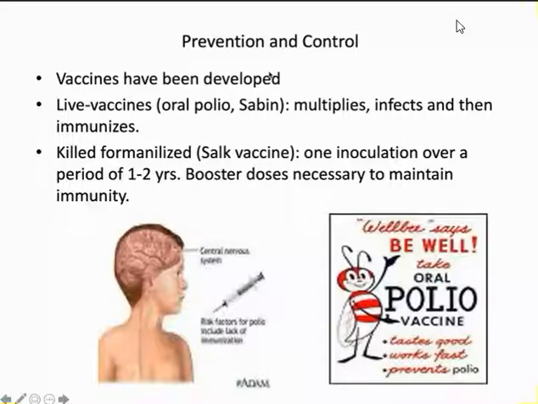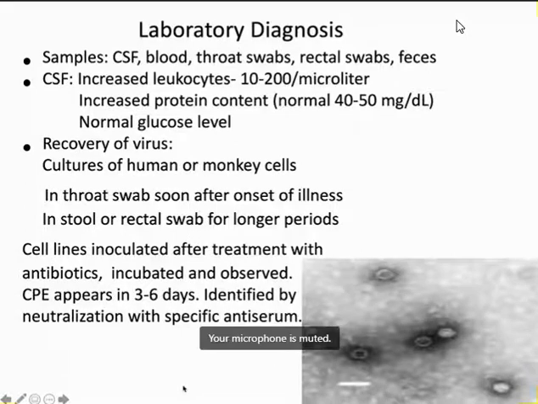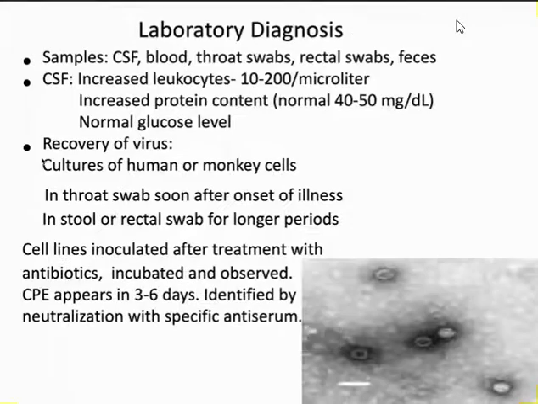One is culture, and another one I forgot to mention here is PCR, that is gene detection, which we can also use to diagnose the case. But light microscopy and culture are not possible in our setup. So this is the lab diagnosis part.